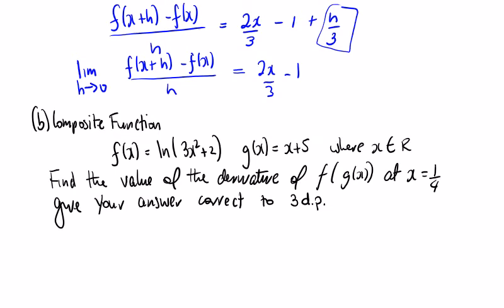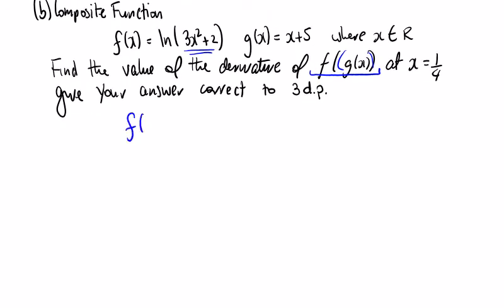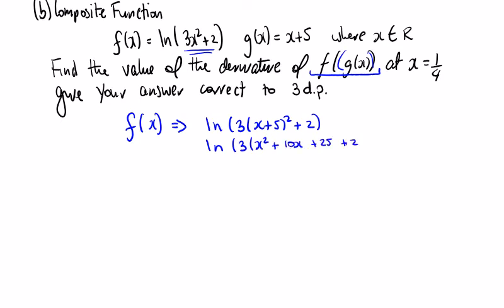Part B, this question was a composite function, and you read this as f of g of x. So g of x has replaced x within f of x. So what we do is we put x plus 5 in for x. So my f of x becomes the natural log of 3 times (x plus 5) squared plus 2, which is the natural log of 3 times x squared plus 10x plus 25, plus 2.